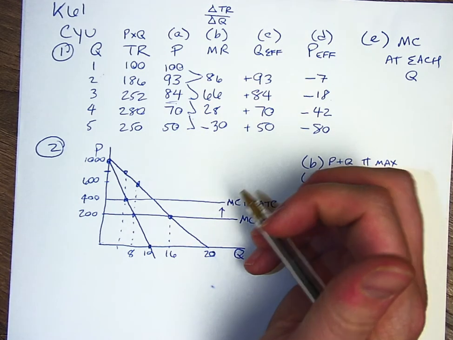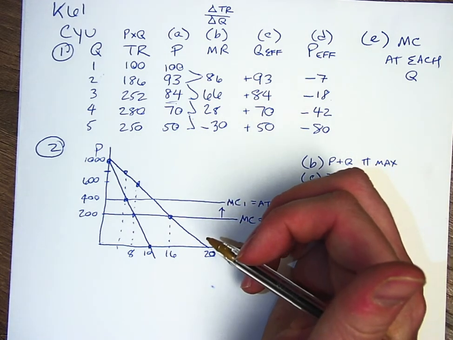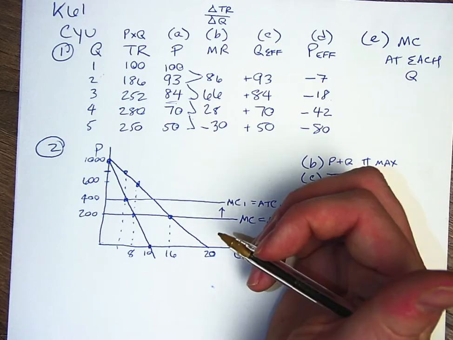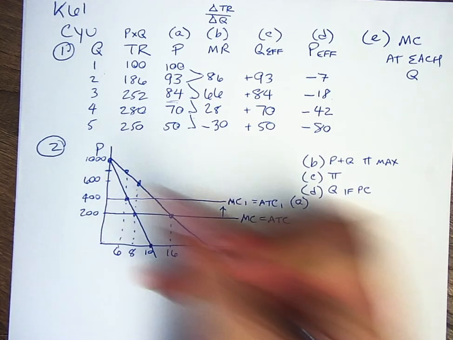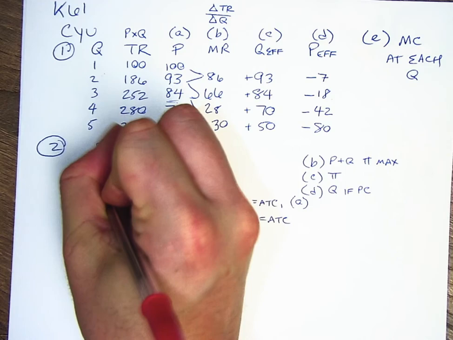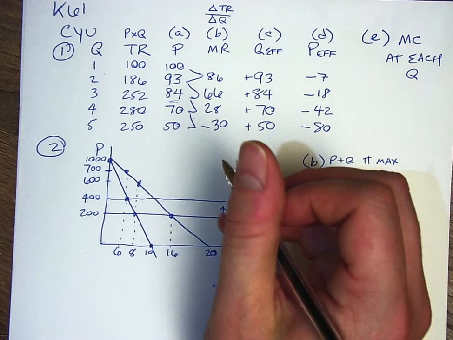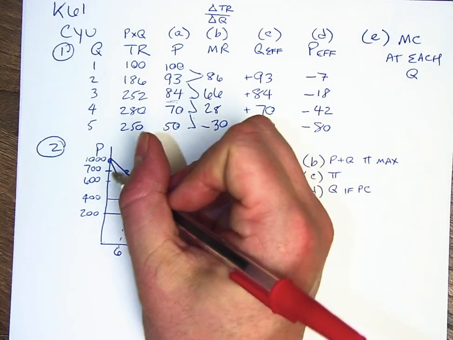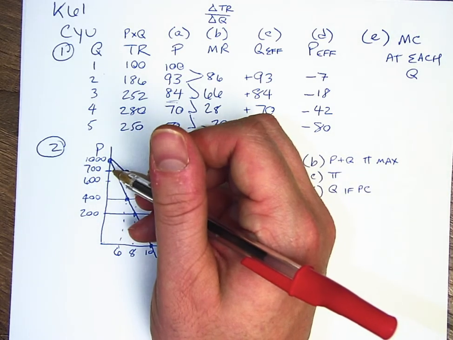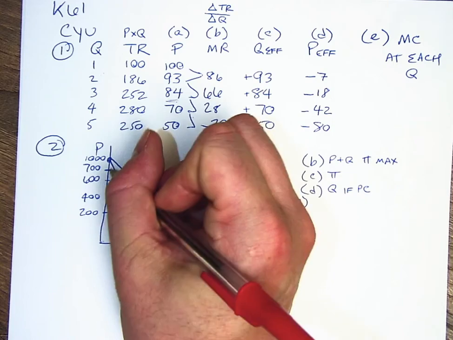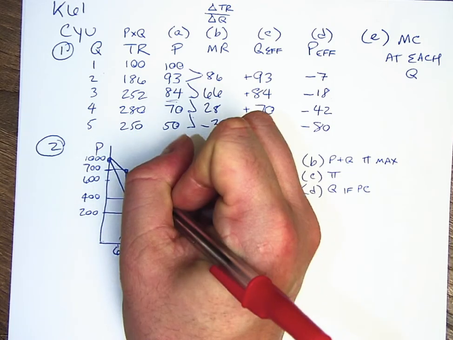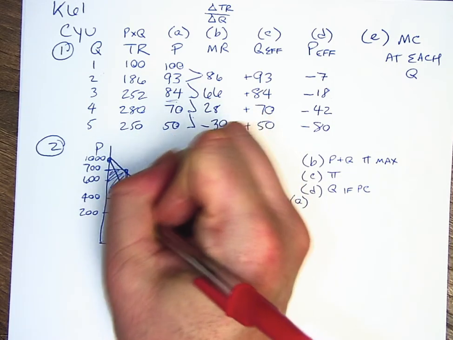So there's our 6, and there's our 700, right? And then we can see that our cost here would be this, and so our profit, or sorry, our loss would be this area.